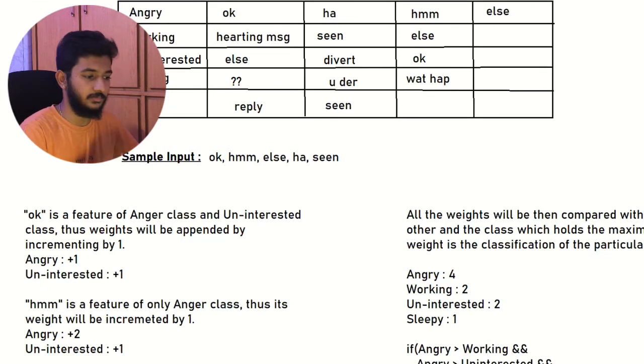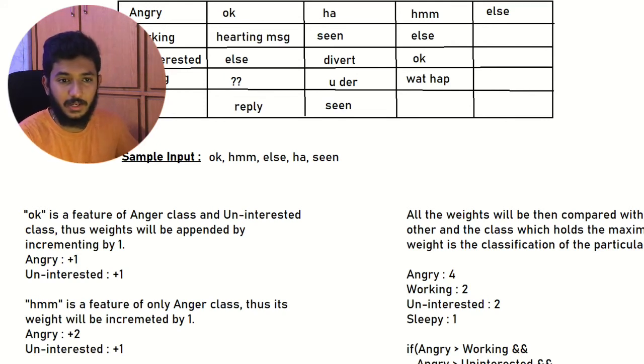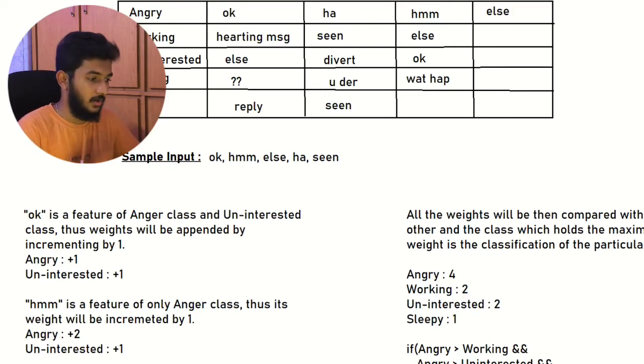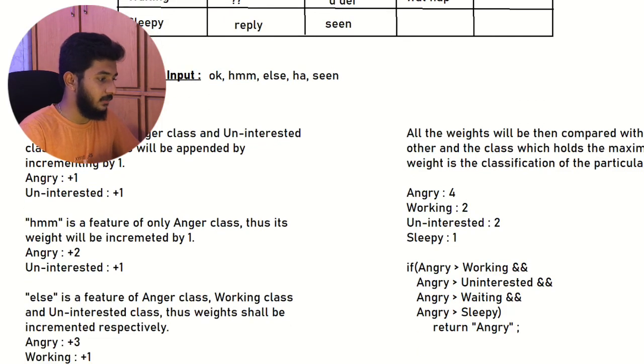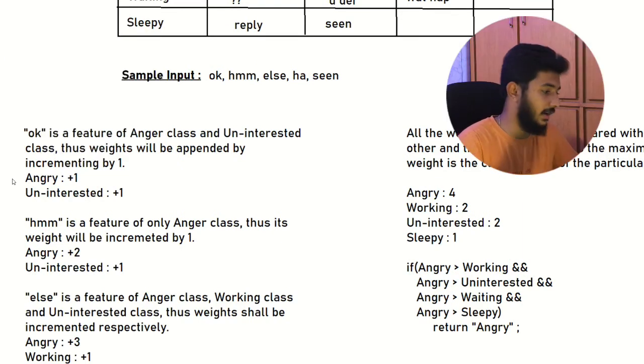So what I am exactly doing is concluding that the person is angry, or the person is waiting, or the person is sleepy according to their chat responses. And see, that's the reason I've incremented the class weight of anger by 1 and the class weight of uninterested by 1.